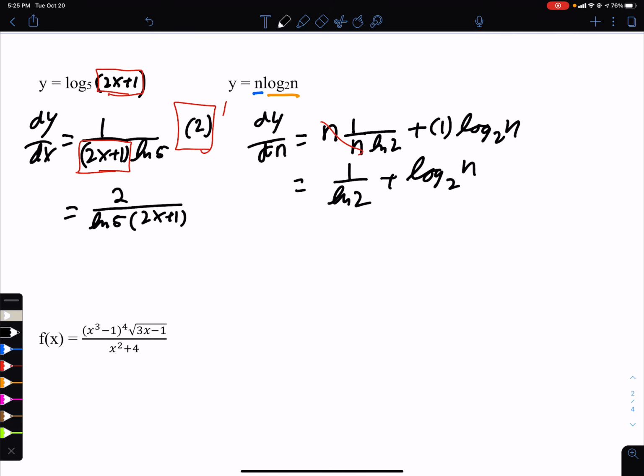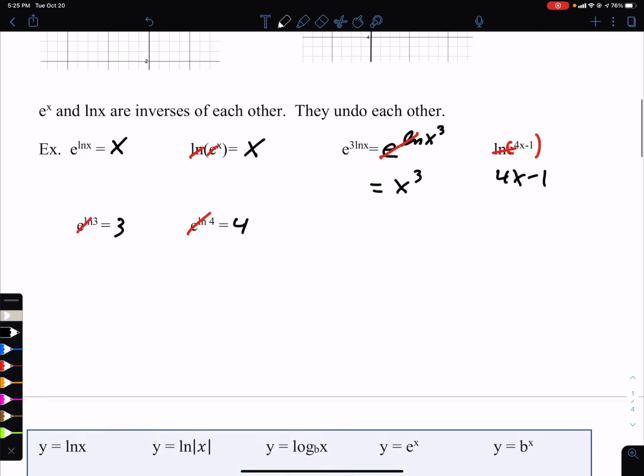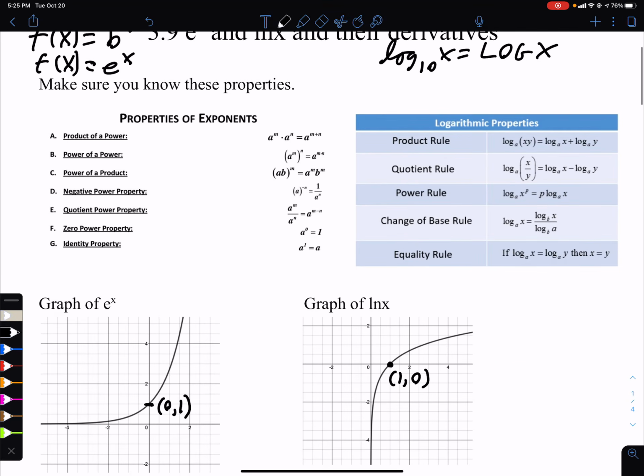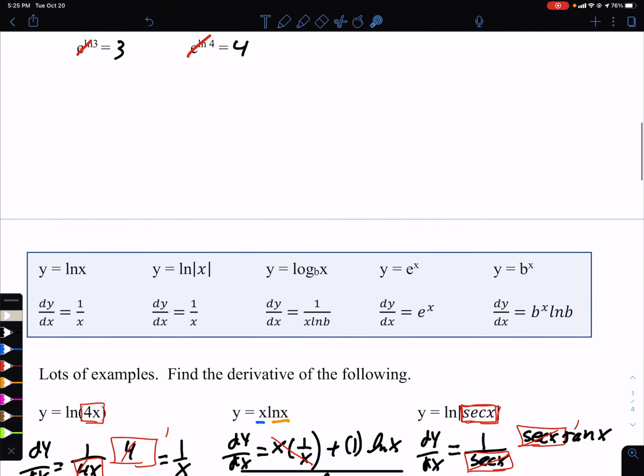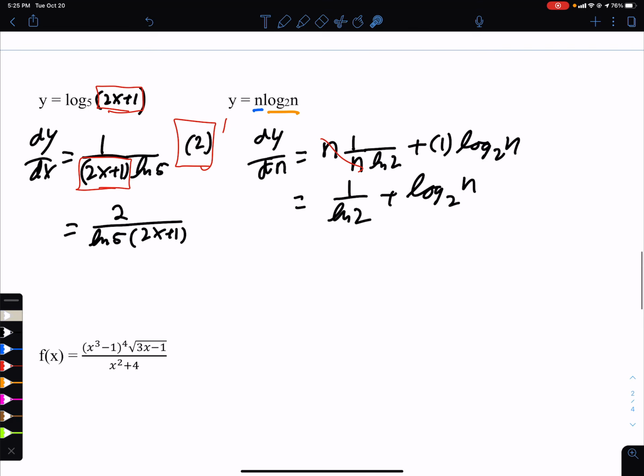Now, there's another property we could use to make cool things happen. Let's look at this one here, the base change. I can rewrite this as the log of x over the log of a, but I can choose any base I want. So I can change it to base e, which is ln. Check this out.